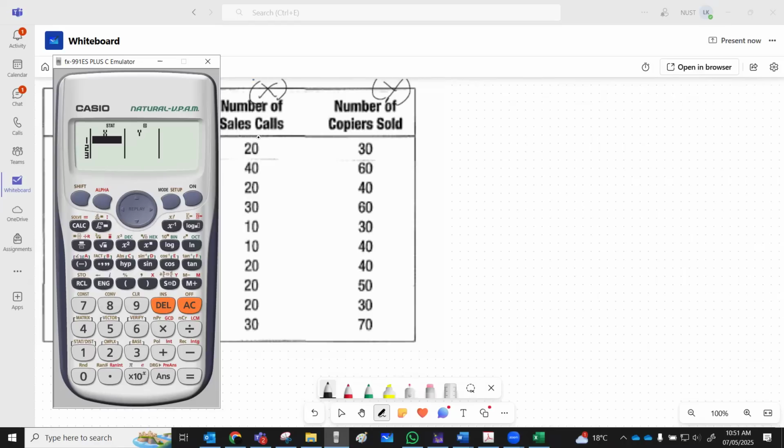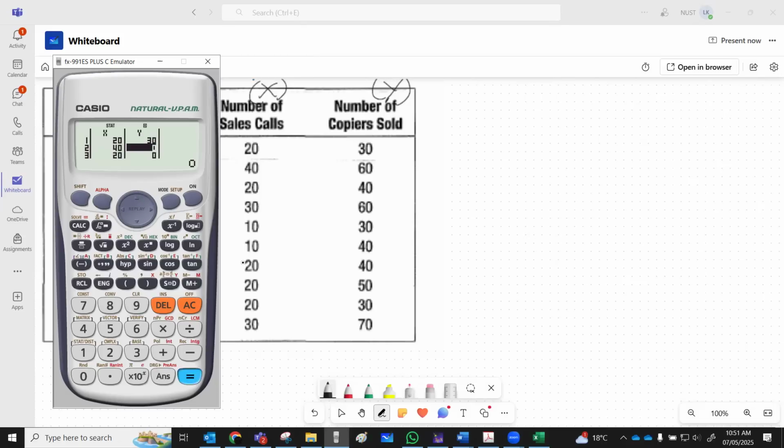Then we take all our x values and we enter them. So we have 20, 40, 20, 30, 10, 10, 20, 20, 20, and 30. Okay, and then we go to the next column, and now we enter the y values.